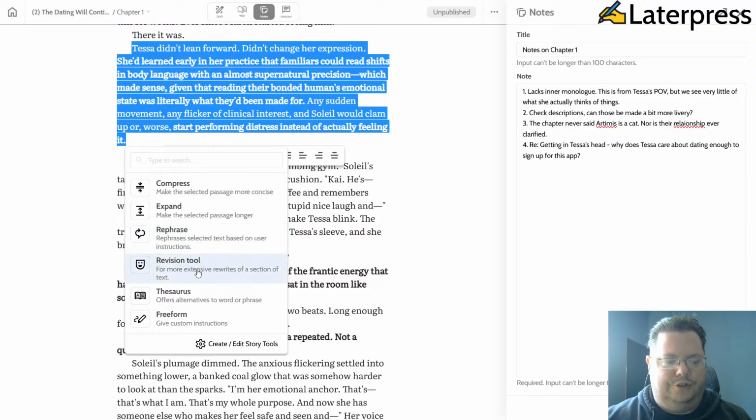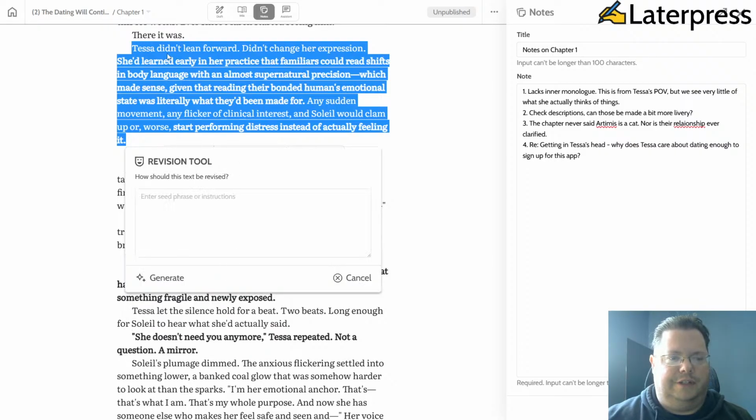I made a revision tool in here as well, or use freeform to dictate how it's going to revise this. The rephrase tool sticks pretty close to the actual way things were written. So if you're looking for a wholesale change of how a paragraph is written, that is not probably the best tool. Revision is going to work better.